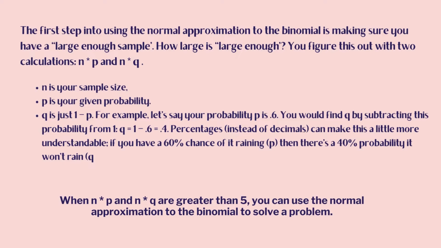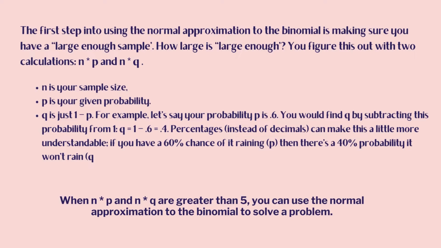For example, let's say your probability p is 0.6. You will find q by subtracting this probability from 1. q equals 1 minus 0.6 equals 0.4.